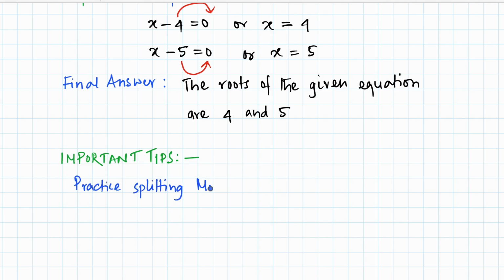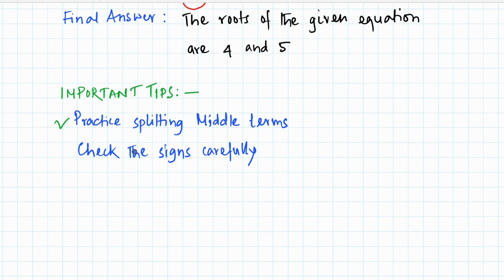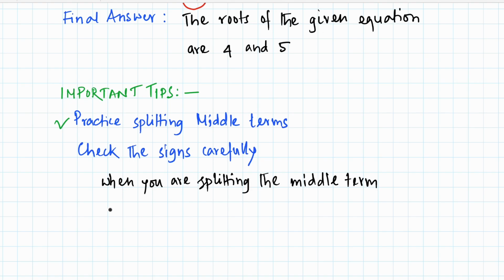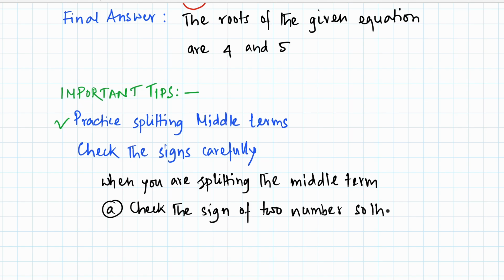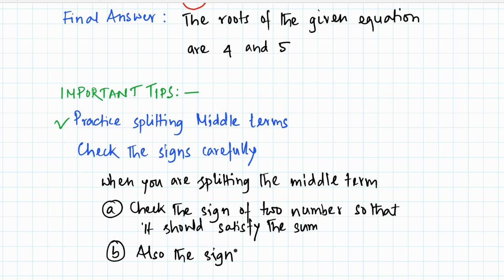So what are the important tips that you can get from here? Practice splitting the middle term a number of times, take different kinds of examples with different signs for the given middle term, and try to solve them. Check the sign carefully, as we have shown in the second two examples. When you are splitting the middle term, check the sign of the two numbers so that it satisfies the sum, and also the product.